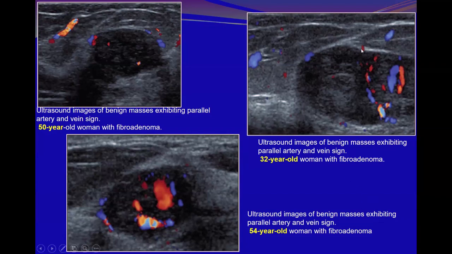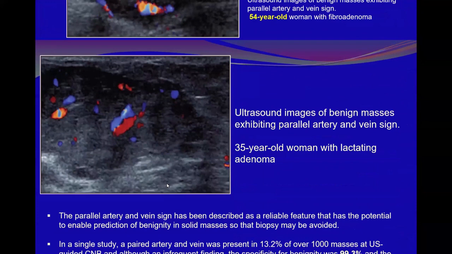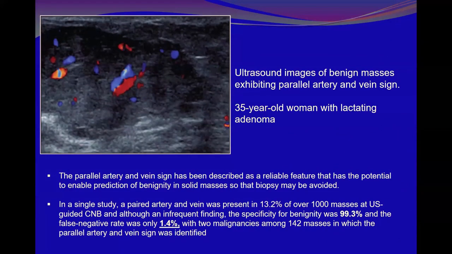This is in a young lady, and it is more or less oval in shape, but even here it is a little bit irregular with some lobulation, and the patient was old, and this is indistinct, but because of morphology, definitely we have to proceed to biopsy, and it was proven to be a fibroadenoma with these benign Doppler signs. Another example of benign Doppler signs is in a case of lactating adenoma.